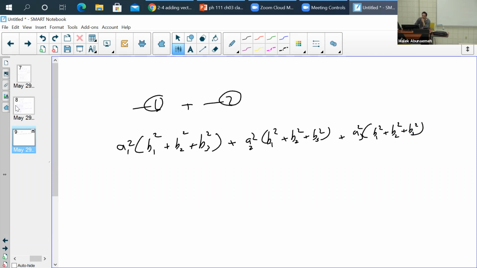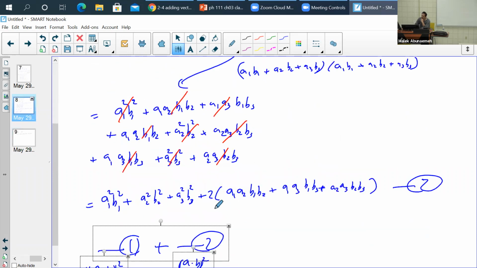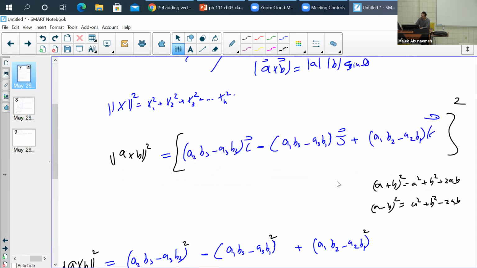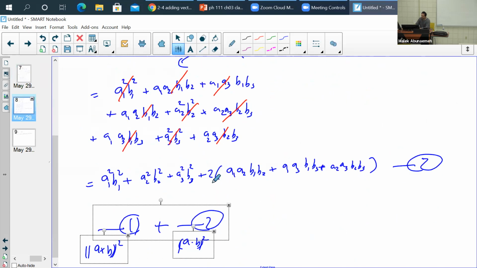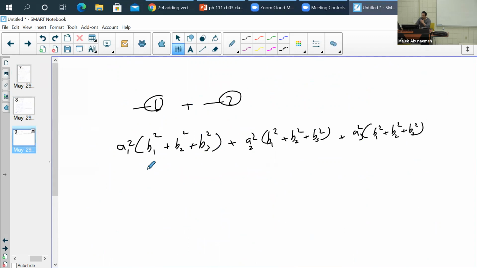Now, in equation 2, we have plus 2A1A2B1B2, A1A3B1B3, and A2A3B2B3. In equation 1, we actually had the opposite. So this is going to be positive, this is going to be negative, and they're both going to go away. So this is the resultant.